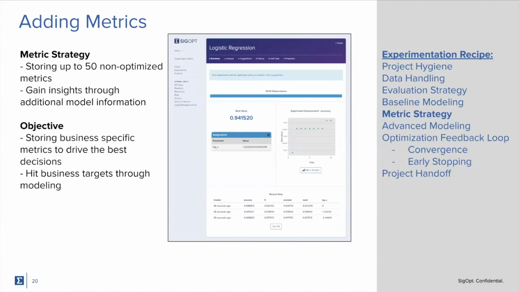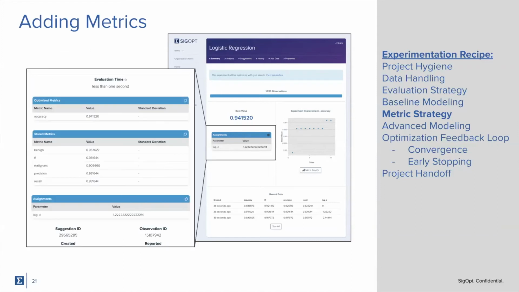So let's say we went back to our evaluation framework and added two more metrics, which were how many of the benign samples did we get correct, and how many of the malignant samples did we get correct, and try to do this grid search again.